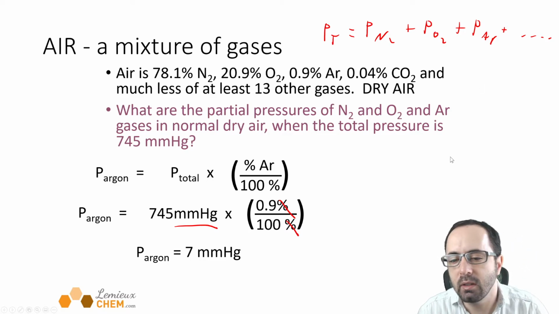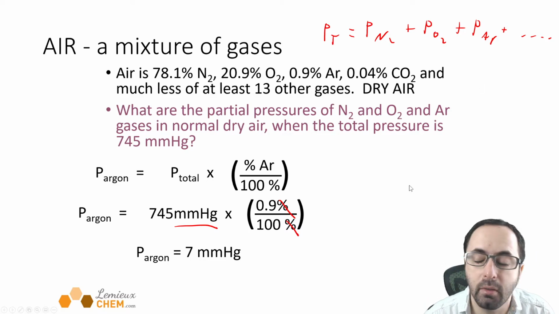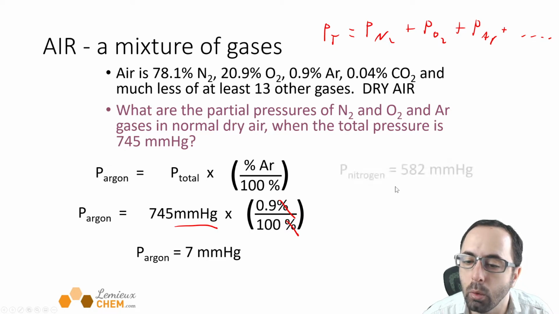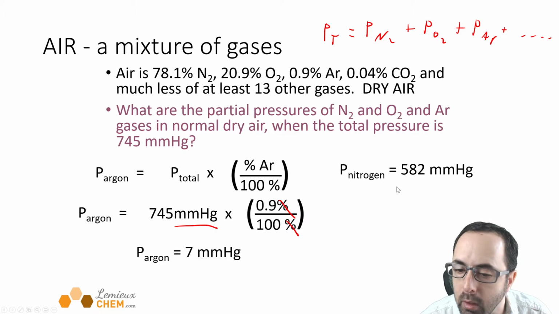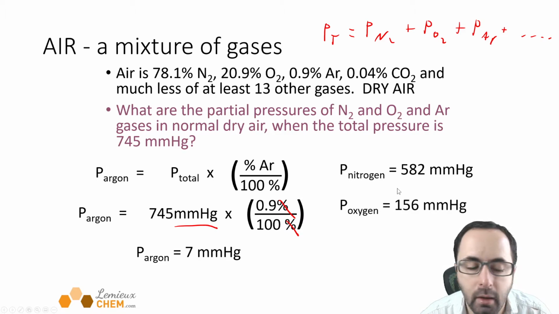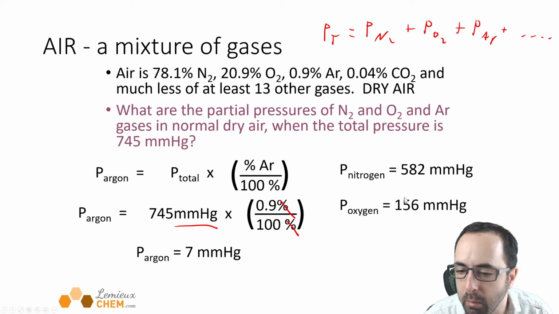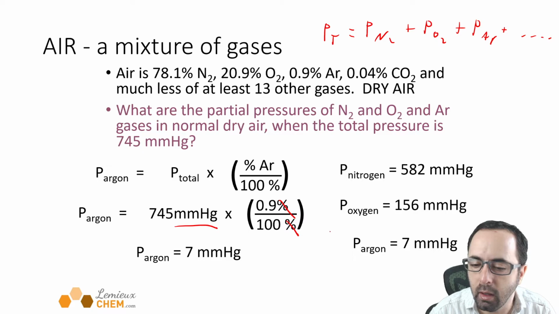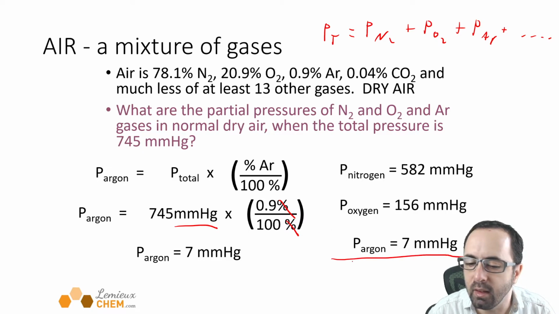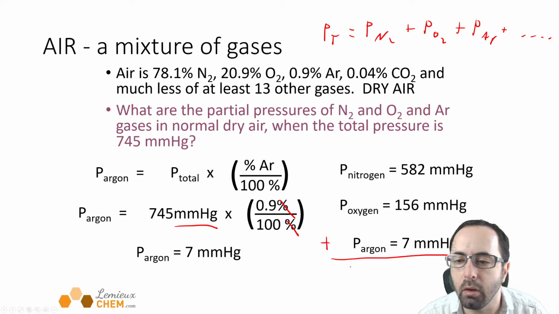And so let's now turn this all the way around, and we'll state here we got for partial pressure of nitrogen 582 millimeters mercury on the last slide. We got 156 millimeters mercury for partial pressure of oxygen. And for argon, we got 7 millimeters mercury. So if we added all of these together, what is our total pressure?